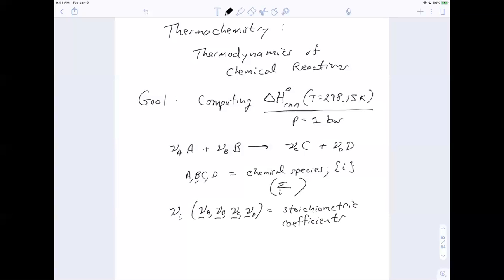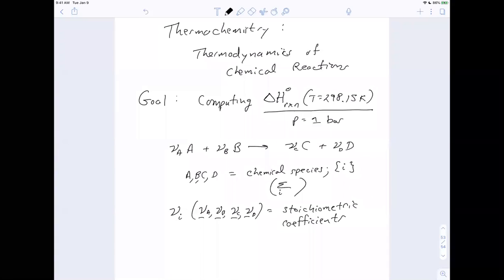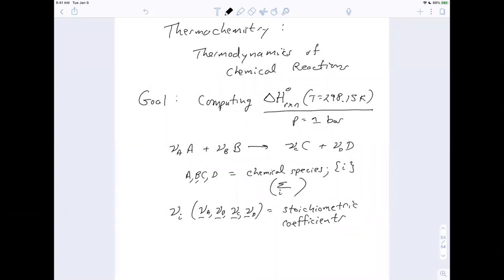They essentially give you some insight as to the relative molar amounts required for a particular reaction to take place. And this is a self-consistent set of numbers that allow for this reaction.